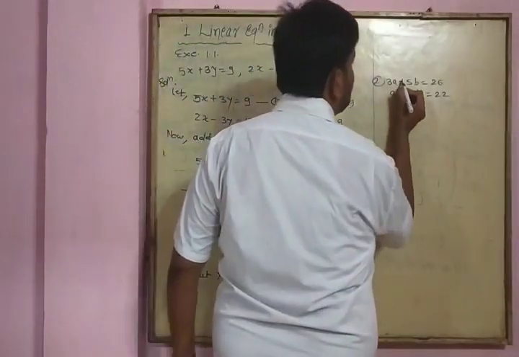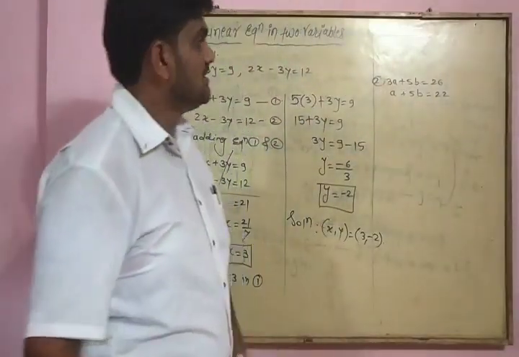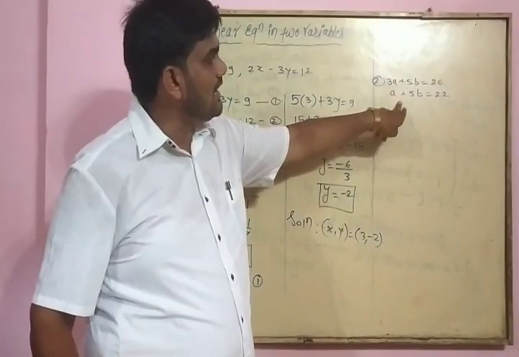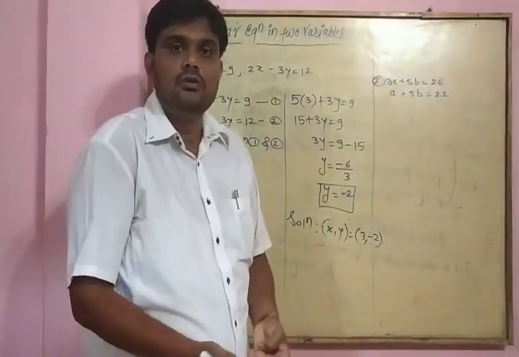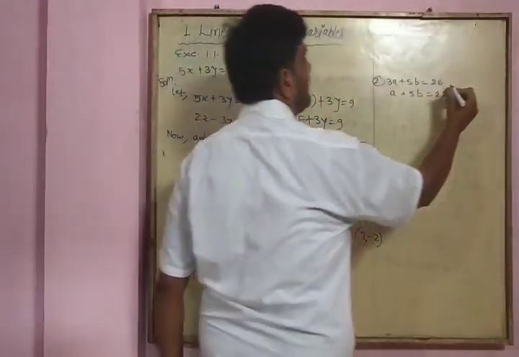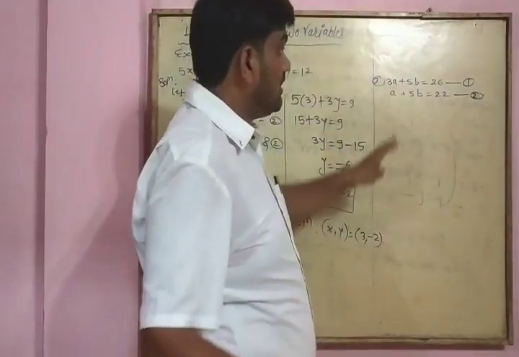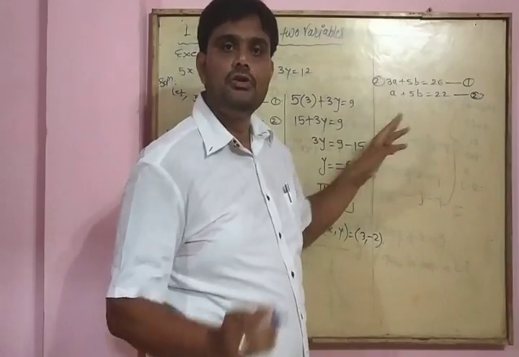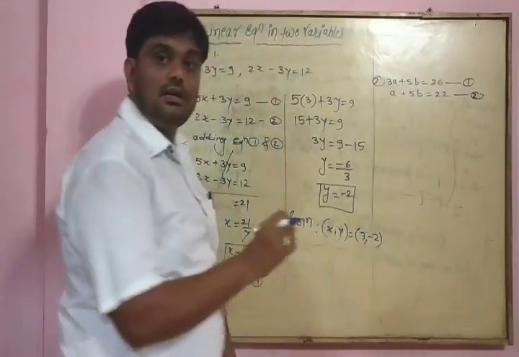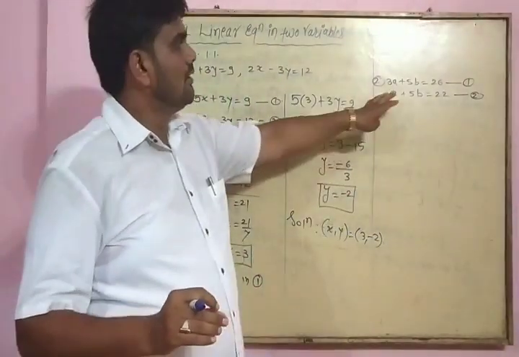Now if there is the same sign and the same coefficient, what to do? See here, we have equation number 1 and equation number 2. In this type of example you have to subtract one of the equations.